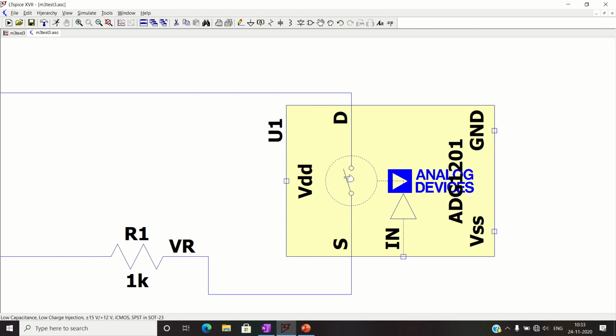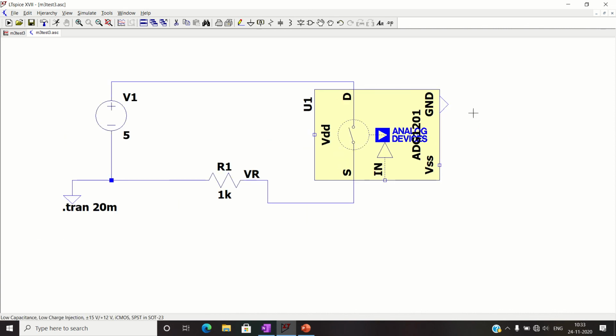Next I have to have a VSS, VDD and ground connection. Ground is direct ground, so you can connect it directly. VDD and VSS, normally if you remember power supplies, VDD will be positive and VSS will be negative. So for that you can create some voltage sources.